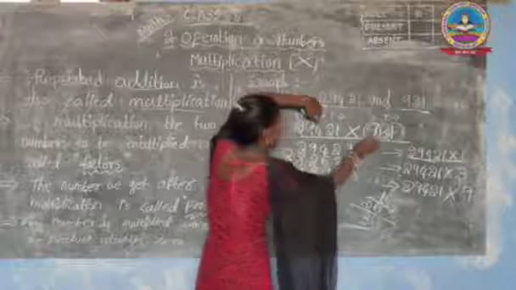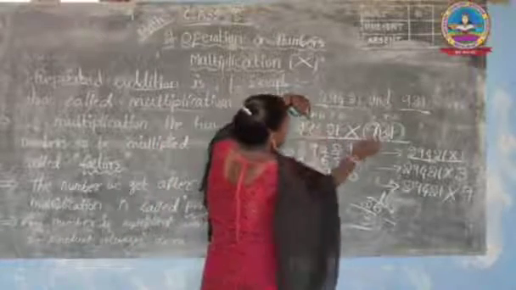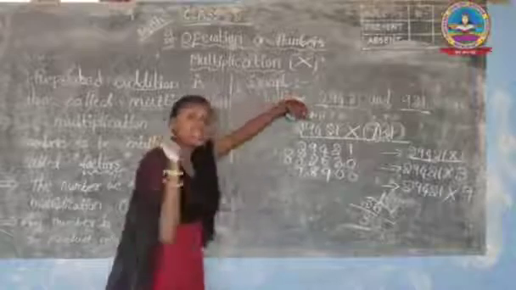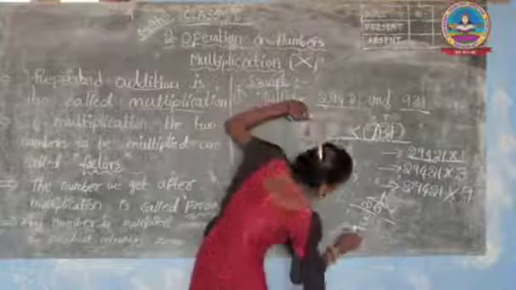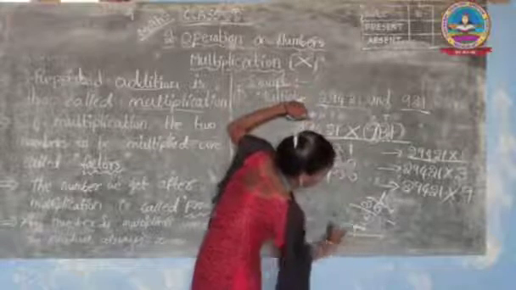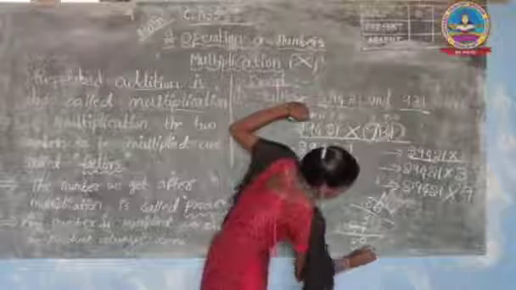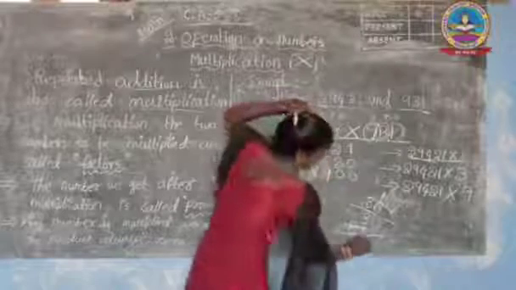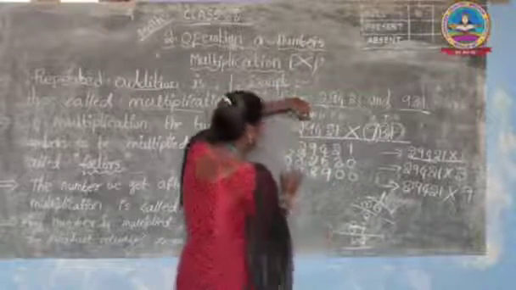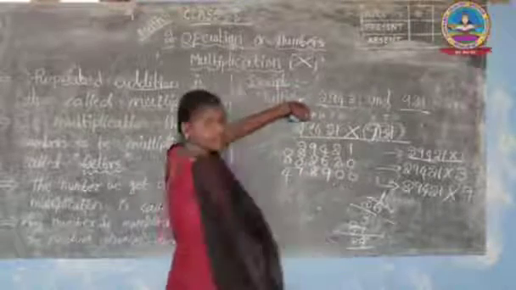Next we will multiply 9 by 9. 9 nines are 81. So add 81 to 3. 3 plus 81 is 84. In the same way, first we write 4 below the 8. 8 is left.